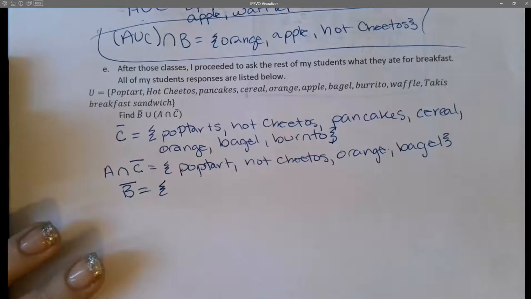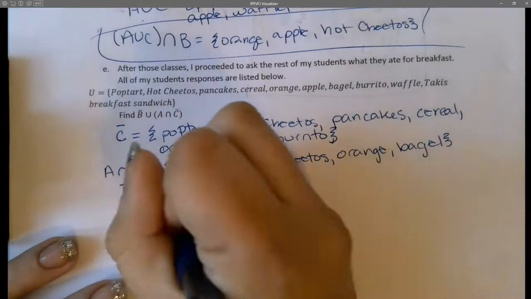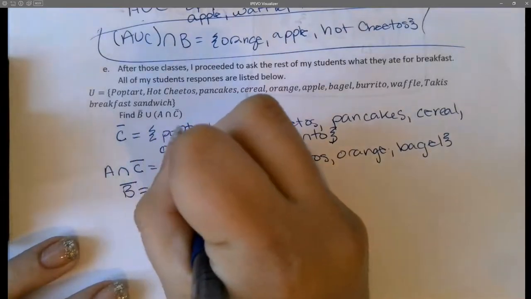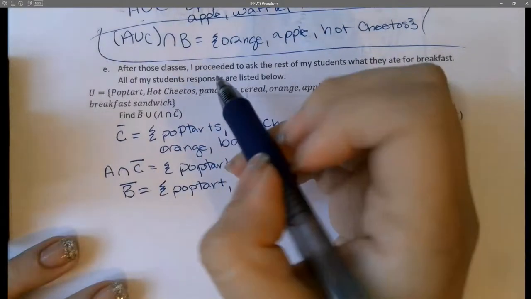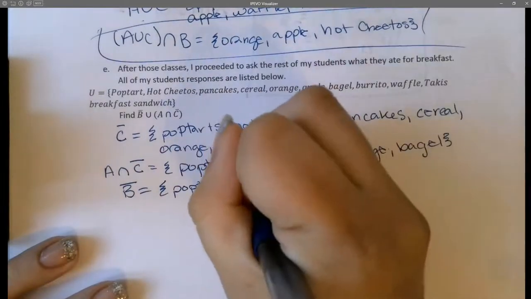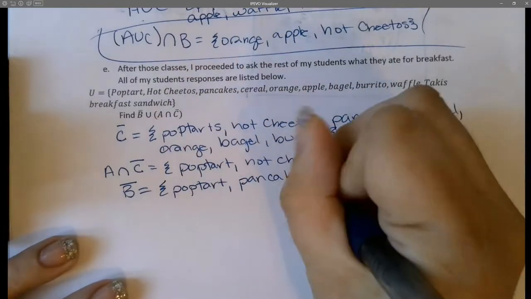My complement of B is everything from that universal list that is not already written in B. So I don't have Pop-Tart in B. I do have Hot Cheetos. I don't have pancake. I don't have cereal.